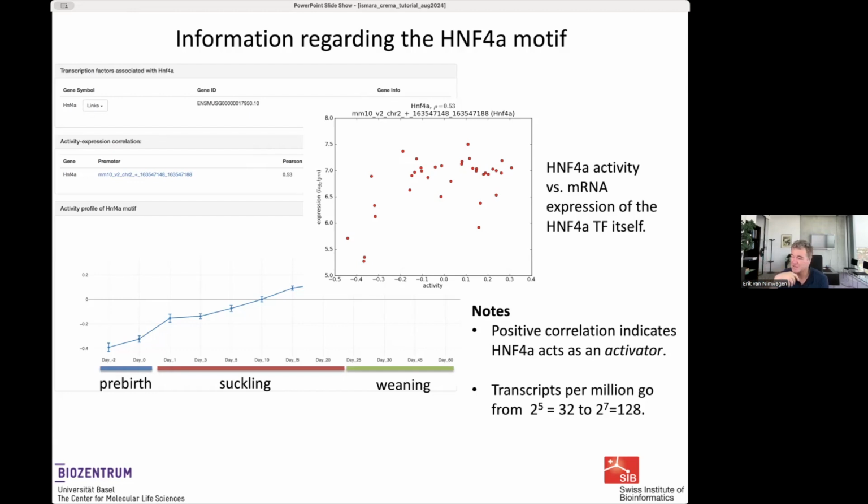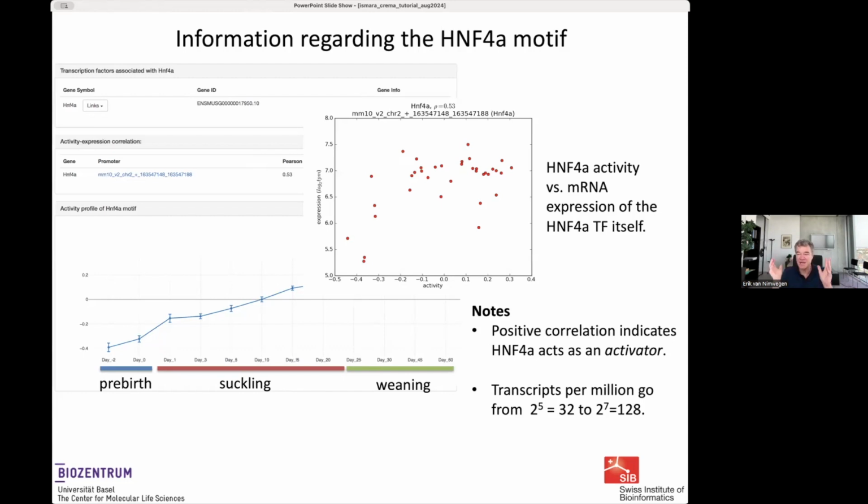But it's very, very common in higher eukaryotes that the mRNA level of a transcription factor just stays the same, but its activity can change because it changes its nuclear localization from being in the cytoplasm to going to the nucleus, or it gets phosphorylated to go from an inactive to an active form, or it needs a cofactor to act, and then it goes from not having the cofactor available to having the cofactor available.